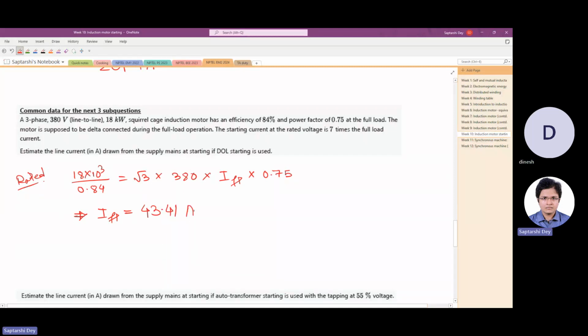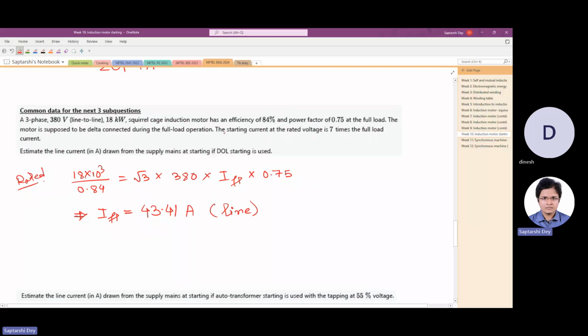Since this question is clearly going to be a star delta starting question, do not mess up the phase and line currents. Keep that in mind. So this is obviously line current because we have written root 3 VL IL cos phi. Now, what is the question? Estimate the line current at starting.